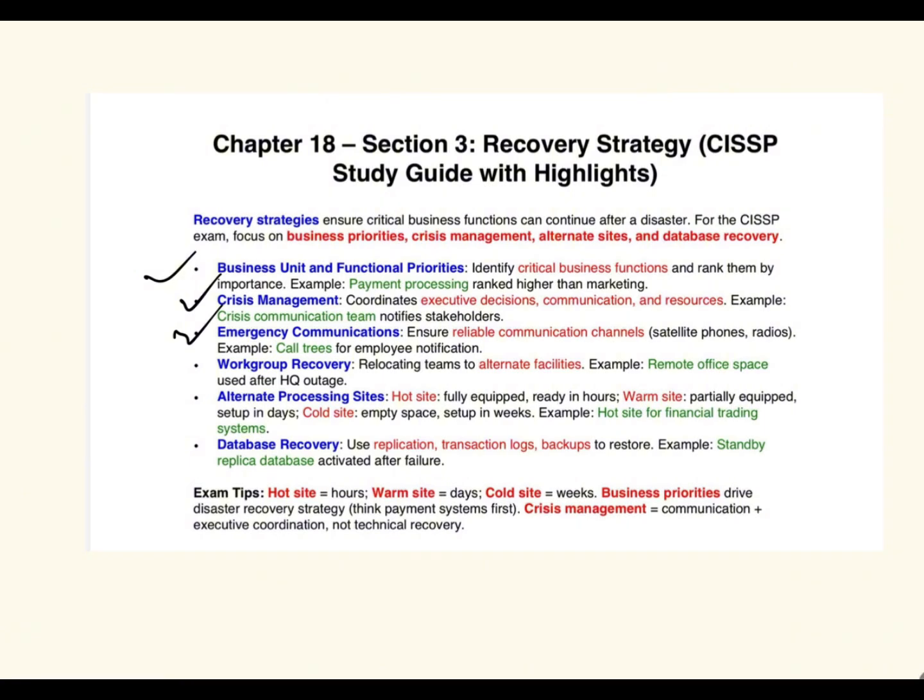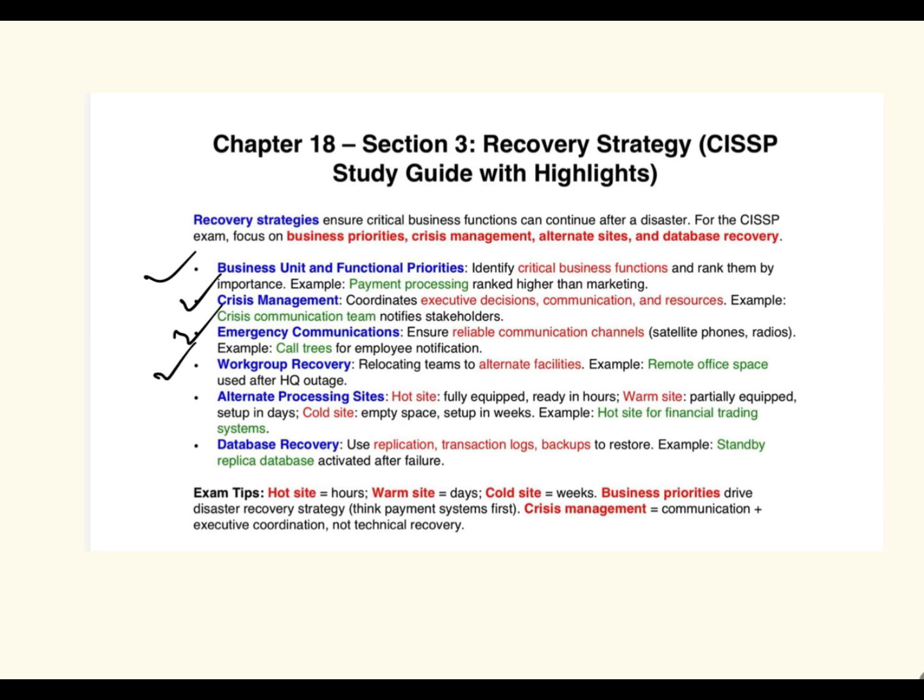So that is emergency communication, and companies do that exercise. If you run those awareness programs within the company, it is really handy if you experience that issue in real time, right?